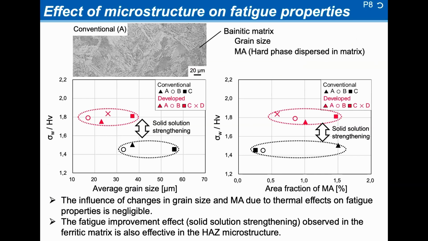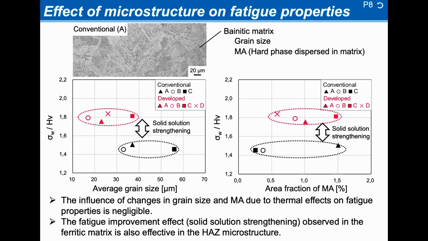We investigated the effect of microstructure on fatigue properties. This image is the specimen of conventional steel after heat treatment. It's identified as a bainitic matrix.